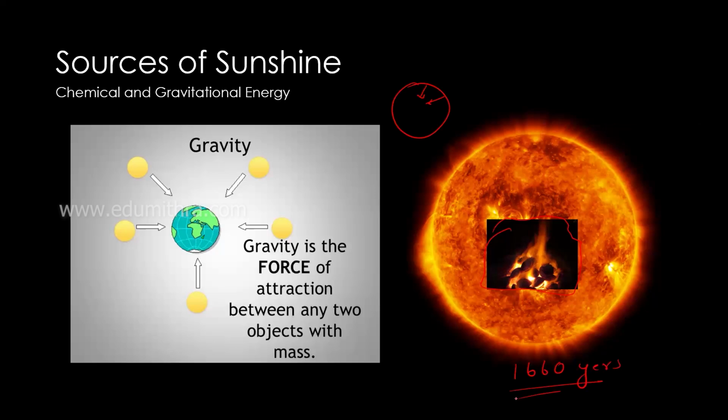So scientists assumed that chemical burning is happening there, some logs or some gasoline burning. Then they calculated how long the sun can last, and they got 1660 years.